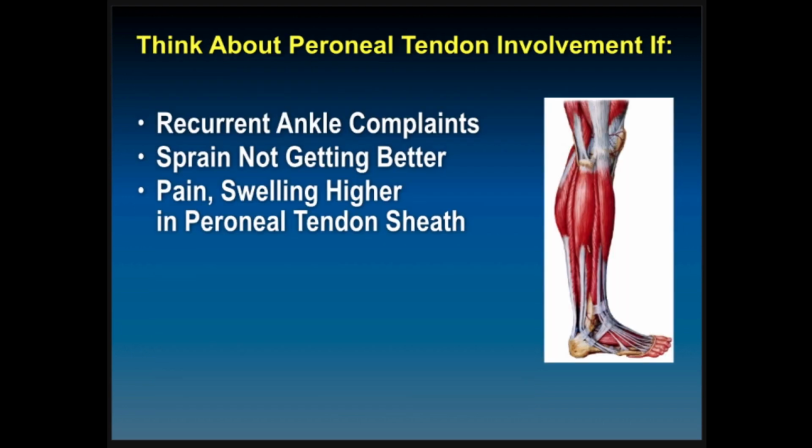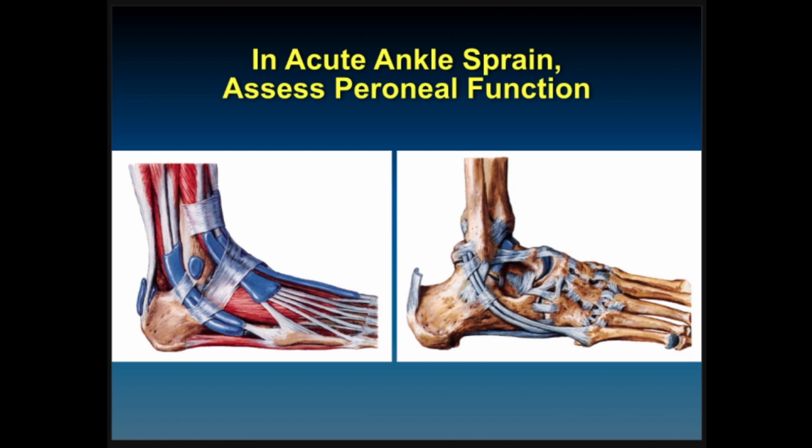Think about peroneal tendon involvement if the ankle sprain isn't getting better. The pain oftentimes is a little bit higher back behind the fibula, way in this area, and not directly over the lateral ligaments. Assess peroneal function acutely. The patient can evert their foot and you palpate the peroneal tendons.